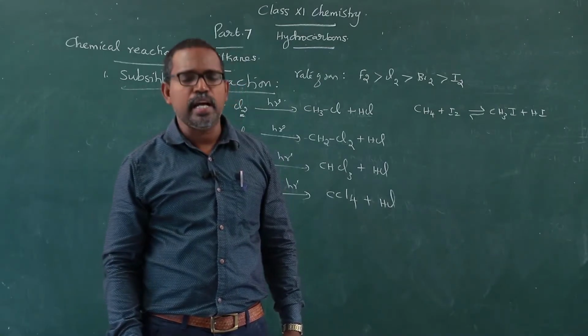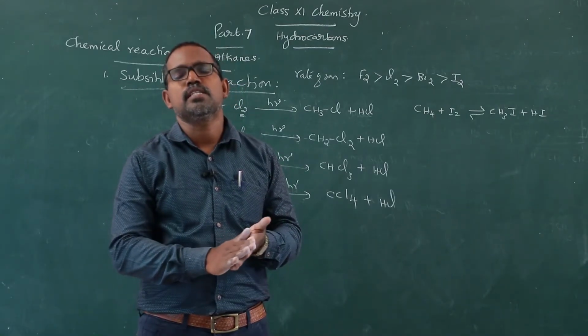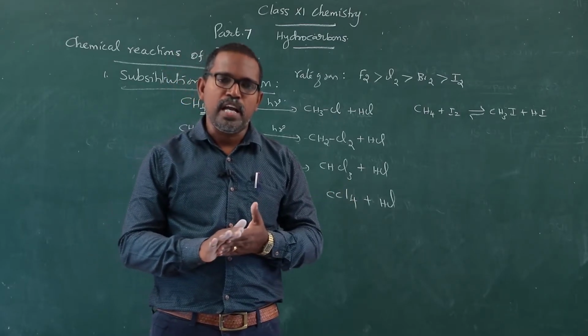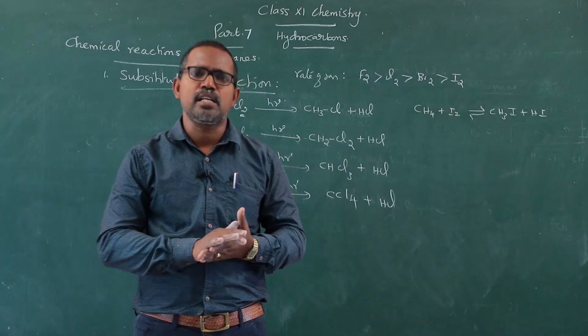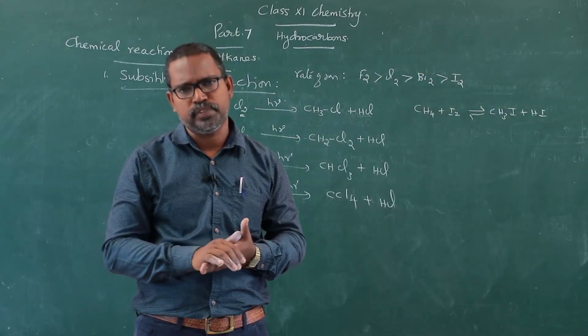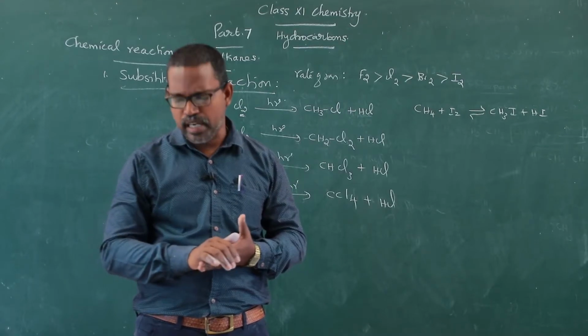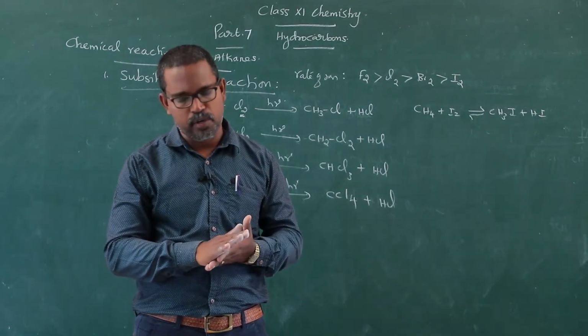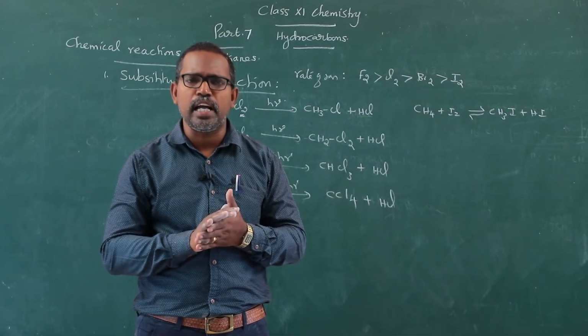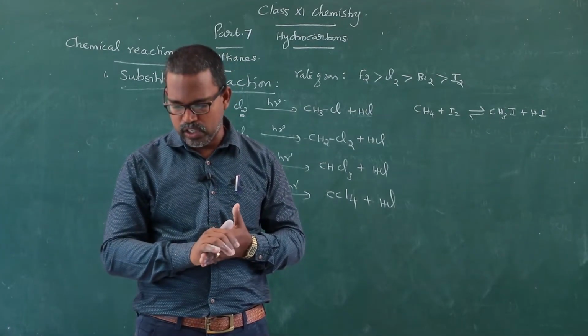The substitution reaction does not take place in a single step, but in many steps. The various steps involved in free radical substitution reactions are chain initiation, chain propagation and chain termination. In the initiation step, chlorine reacts with sunlight, giving two chlorine free radicals.